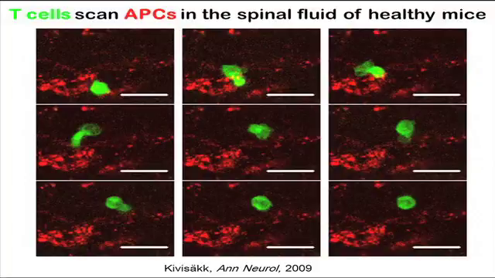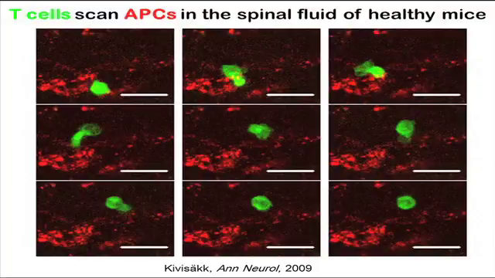In order to do so, she developed a technique to strip off the spinal meninges of healthy mice, stain the T cells green, stain the antigen-presenting cells red, and mount the meninges in a solid matrix, which allowed her to do video imaging of these fluorescent cells, and made video movies of the cells interacting.